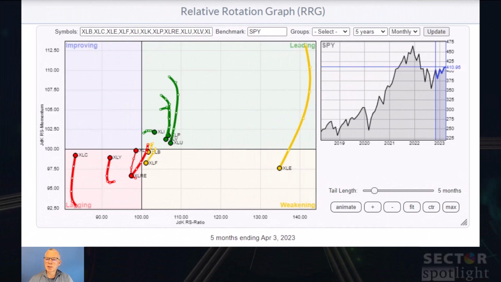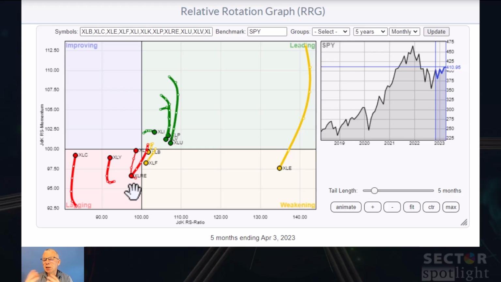Let's start the segment for the monthly sector charts with the monthly RRG. The interesting thing about monthly RRGs is that I've found out that, because this is looking at really long-term trends, what we ideally want to see on monthly RRGs are the turns, when they are starting to turn around and change the RRG heading.